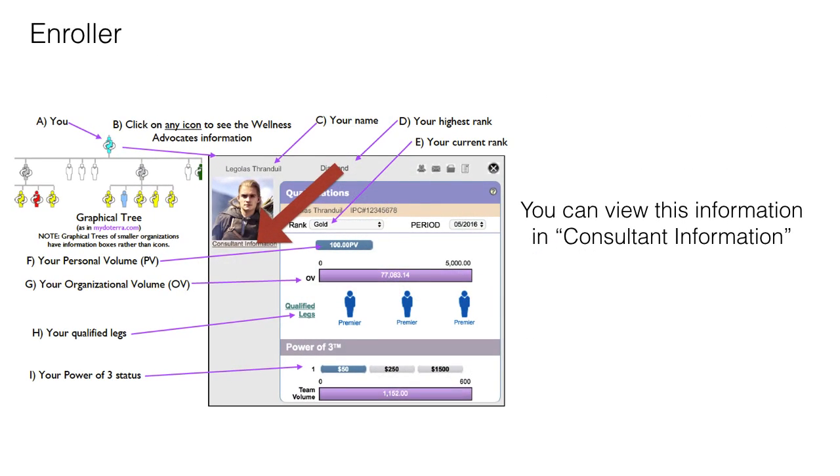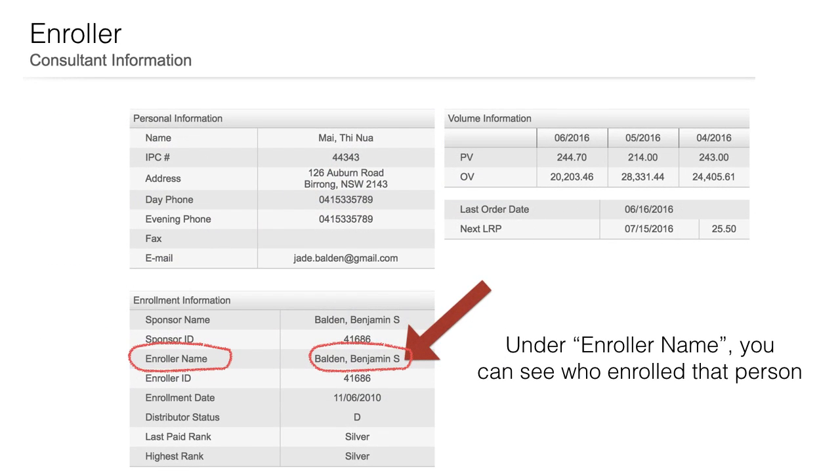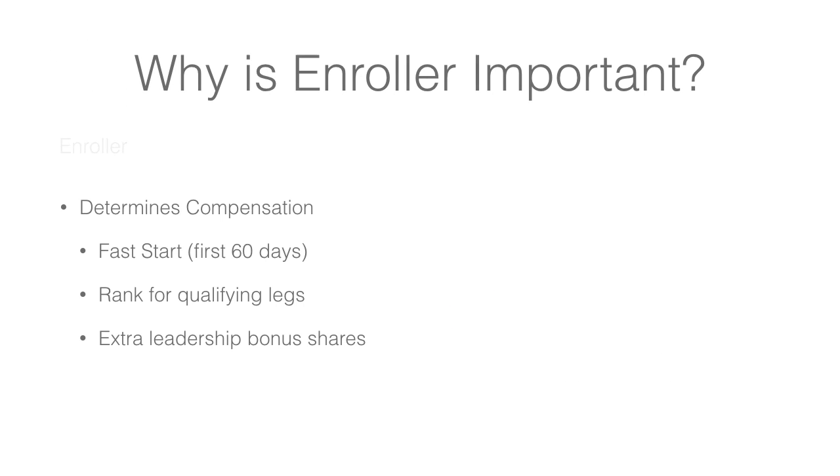That'll open up this other screen that looks similar to this. This tells you all about Sally and her membership. You click on consultant information, and next to enroller name, it'll have the name of the person who enrolled Sally, in our example.